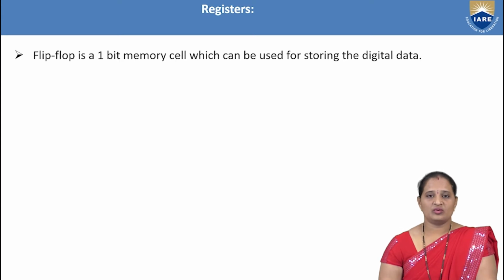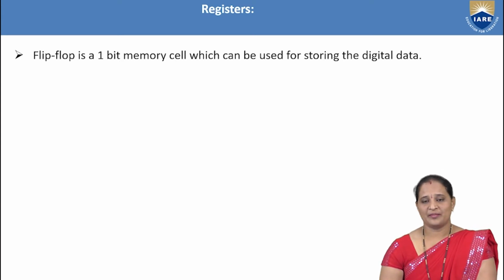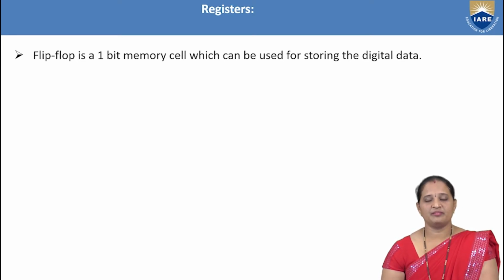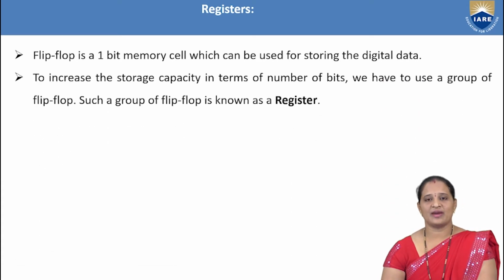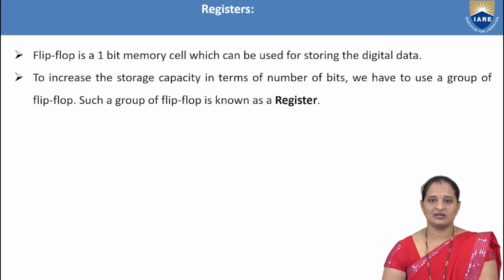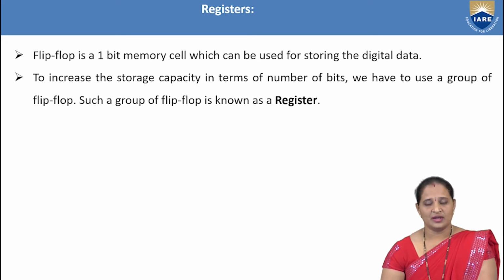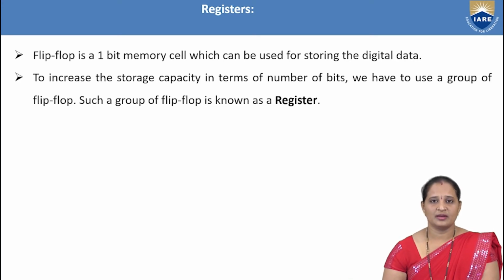As we all know, a flip-flop is a memory cell which can store one bit of information at a time. So if we want to increase the storage capacity, what we need to do? We need to cascade the flip-flops in the required number such that we can achieve the required storage capacity.